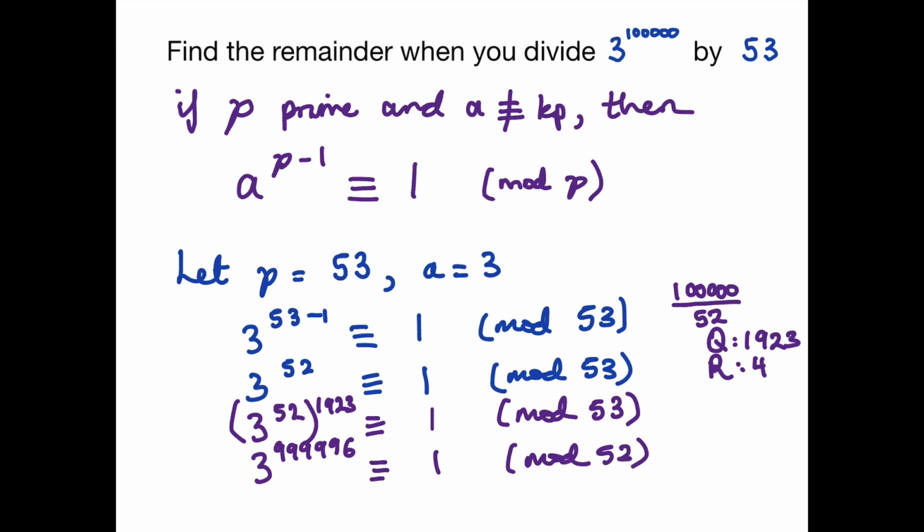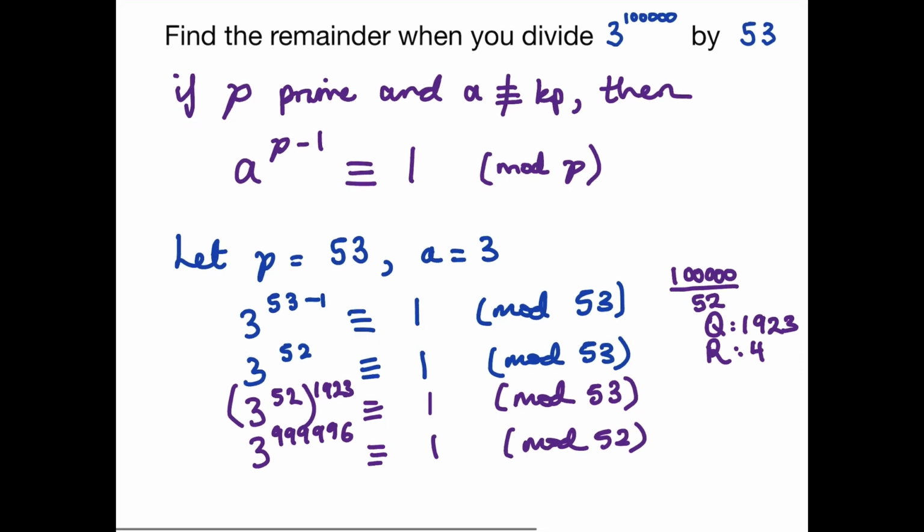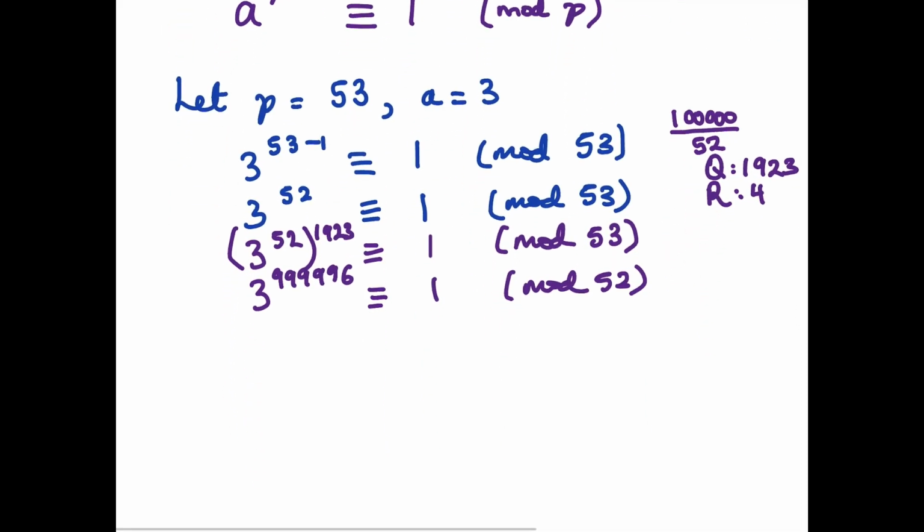Now, this isn't quite what we want. So, how can we make the left-hand side 3 to the 100,000? If you're saying multiply both sides by 3 to the power 4, then you're absolutely right. So let's do that.